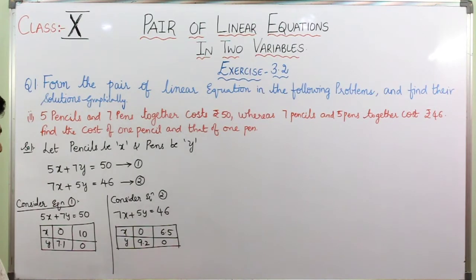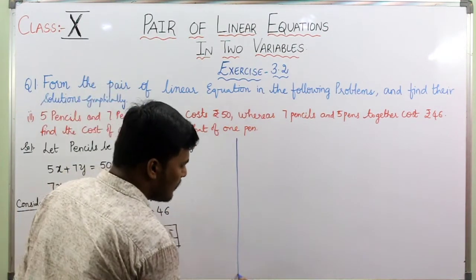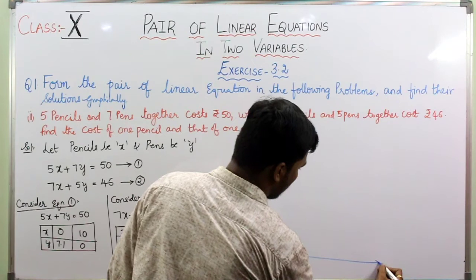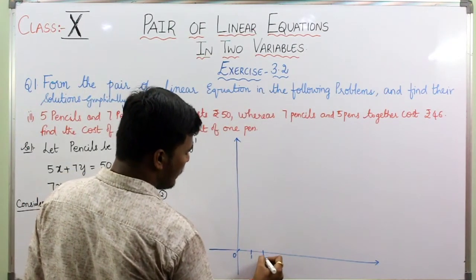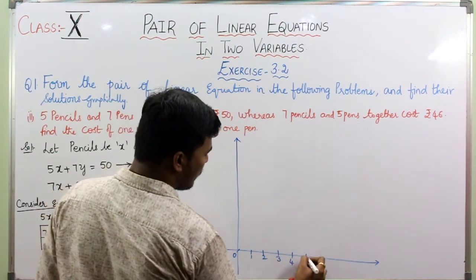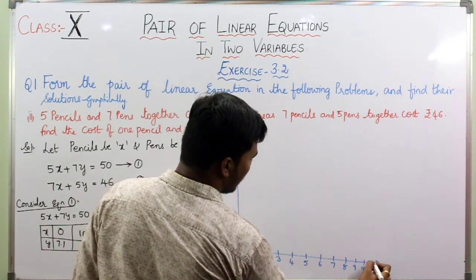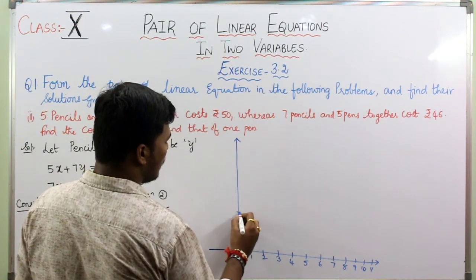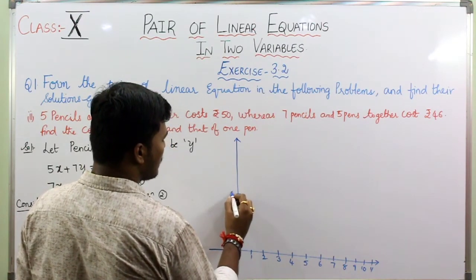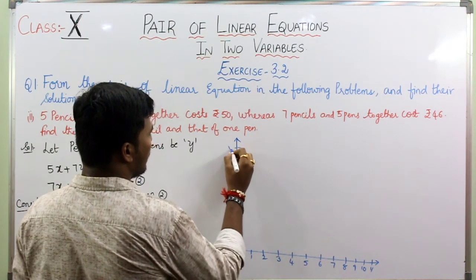So let us take the quadrant 1 of the graph for these two equations. As both of them are lying in the same first quadrant, where values are positive considering the Cartesian plane, we mark 0, 1, 2, 3, 4, 5, 6, 7, 8, 9, 10 and 11 on each axis.